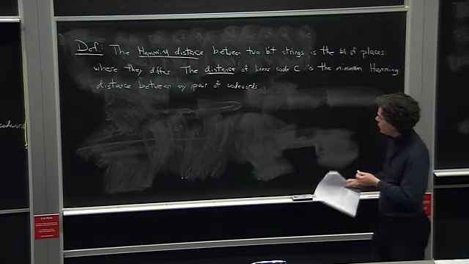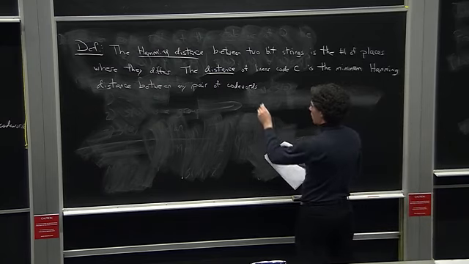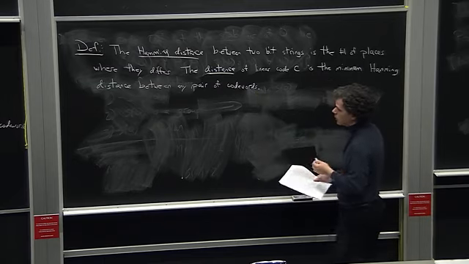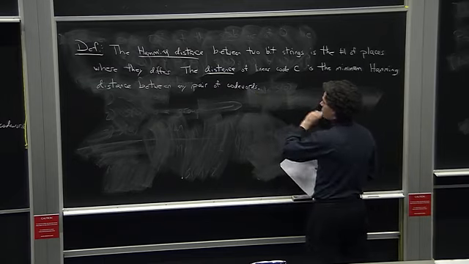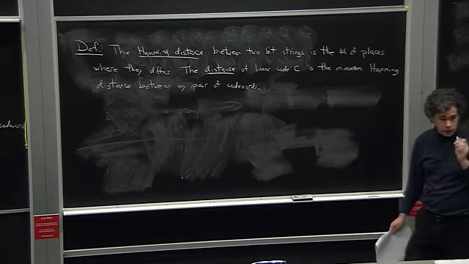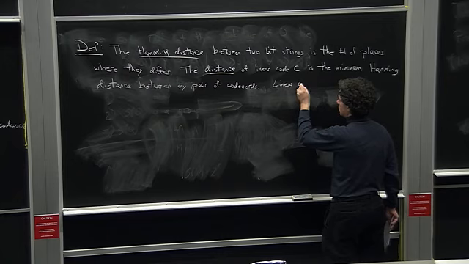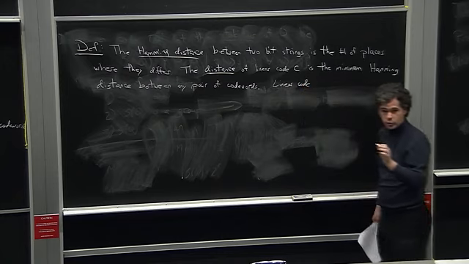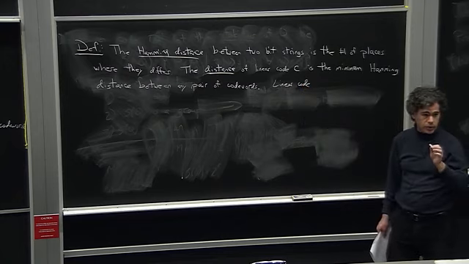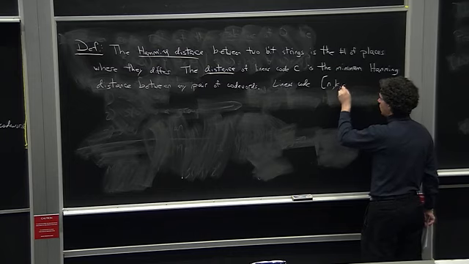And so using notation, we say a linear code with n physical bits, k logical bits, and distance d is an [n, k, d] code.